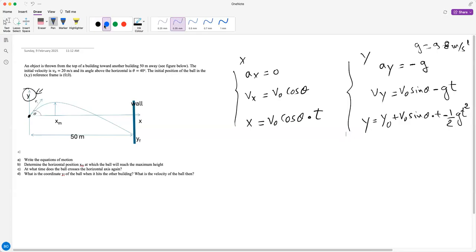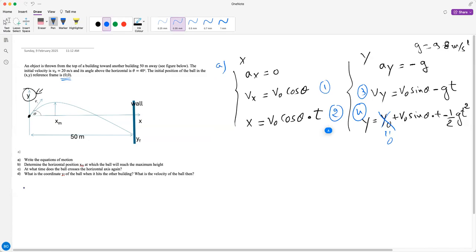According to what has been given to us, we will take x0 and y0 as 0. So now we have the equations of motion. Let's number them: this is equation 1, this is equation 2, this is equation 3, and this is equation 4, so that when we do the analysis, we will be able to refer to them. This is the first question, A.